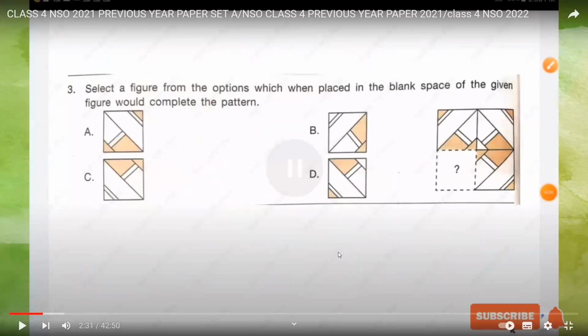Excellent, Devanshu. It's correct. Tell me this one, Devanshu. Yes, ma'am. There is white side. But from the upside.